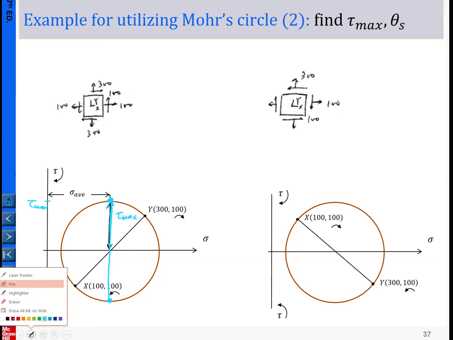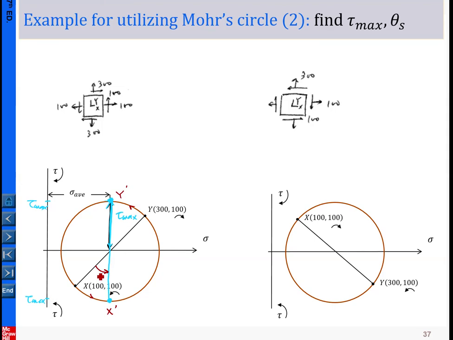Okay, so we have two options from the given x, y. If you choose this orientation, that means x will move to x prime and y will move to y prime here. Let me say that's a 2 theta 1. If you choose these options, then x prime will have the coordinate where the average is 200, and the radius is 141.